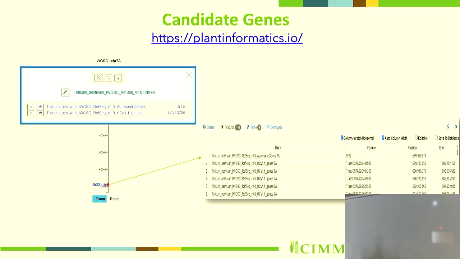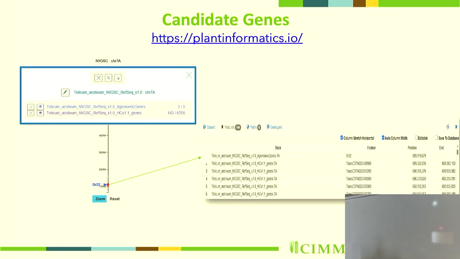Along with that, if you put in a gene, I just gave an example where I put Sr22. Some of these genes they have already added to their tray, the chip, as well. If you zoom in, it gives you the high-confidence and low-confidence candidate genes present in the region.